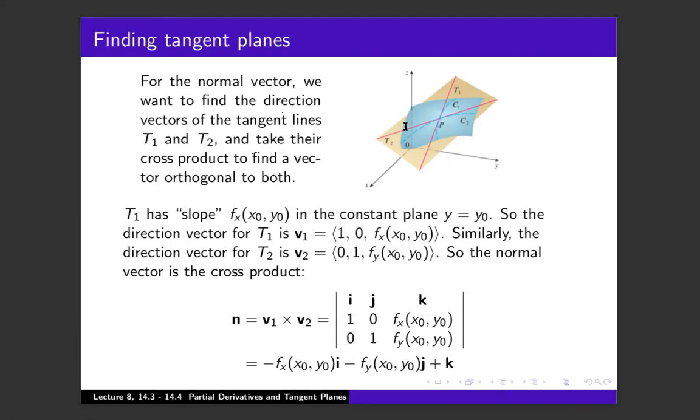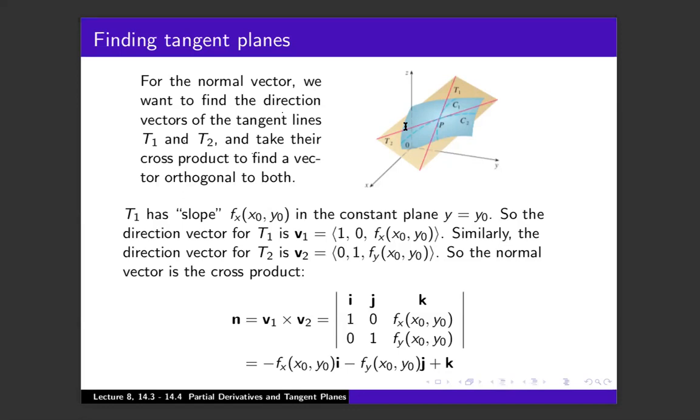But because the slope is fx of x naught, y naught, it follows that we can just set x to be 1, and z, because this is the slope parallel to the xz plane, z can just be fx of x naught, y naught.